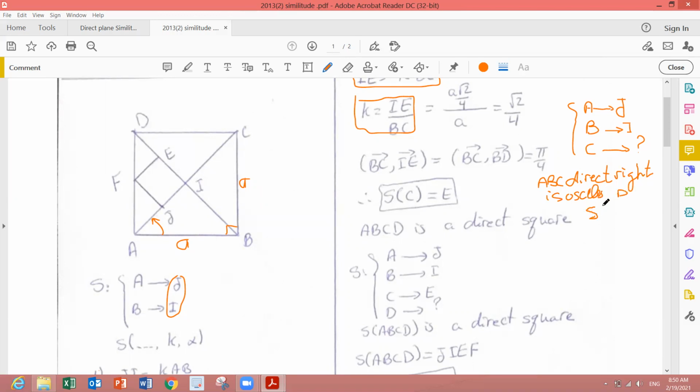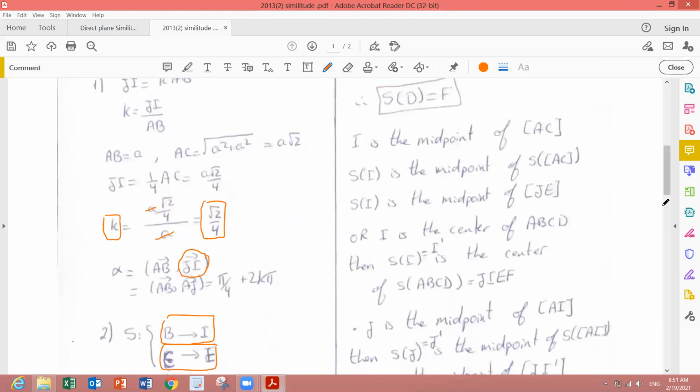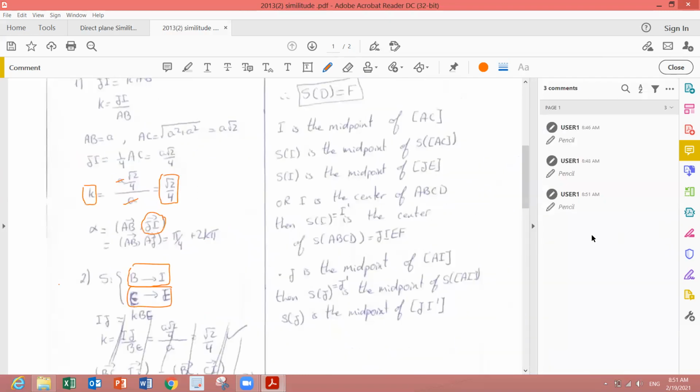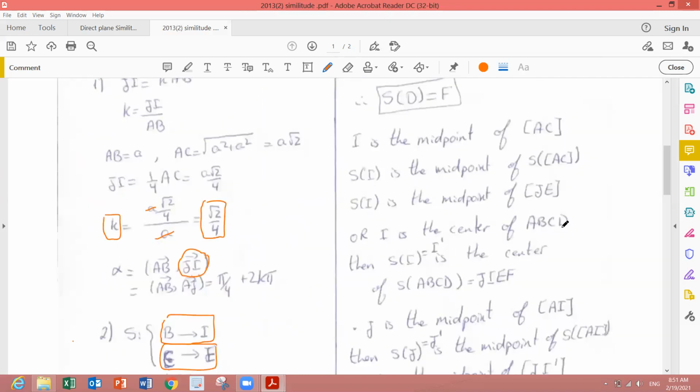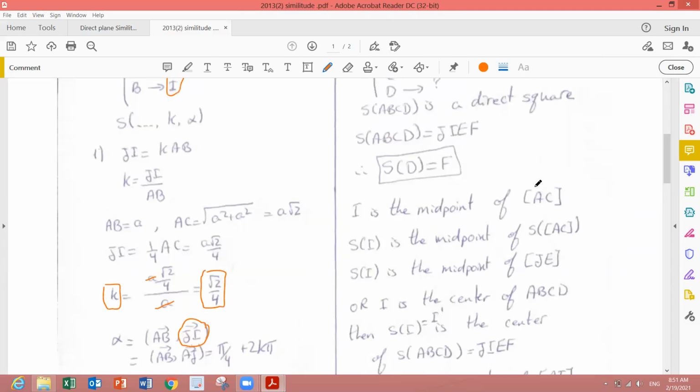So S of ABC is a direct right isosceles triangle, JIE. So the image is JIE.